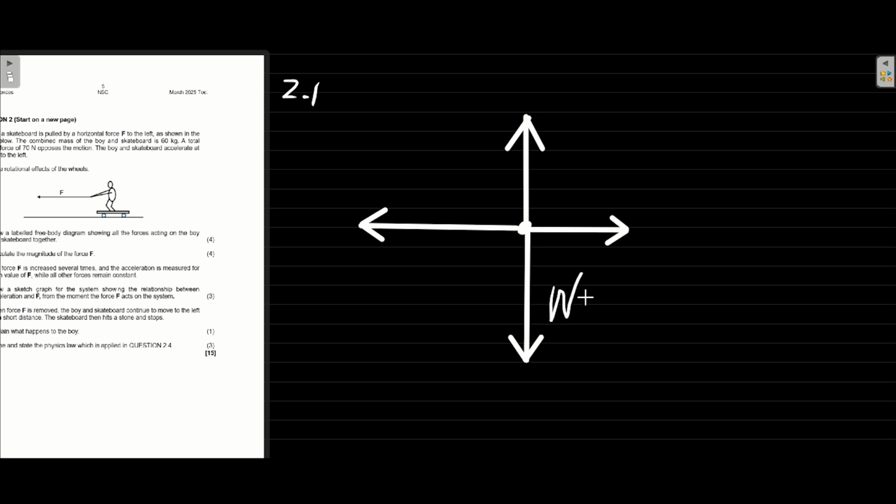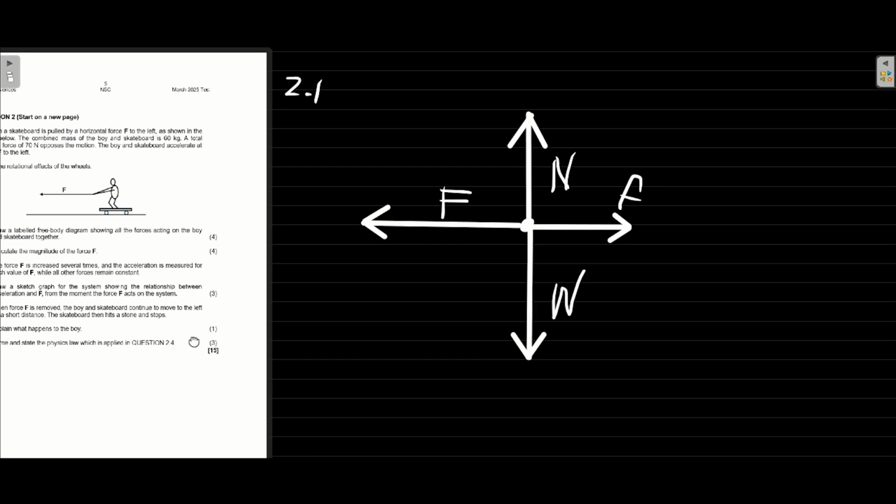We have weight, normal force, applied force, and friction force. But as you can see, we indicated the frictional force just less than the applied force because there is motion, and it's just to show that the applied force will be more than friction if the object is moving in that direction, the left direction. So that's 2.1.